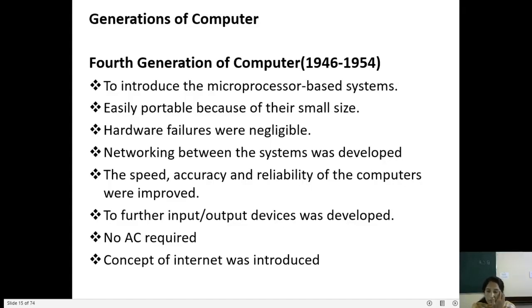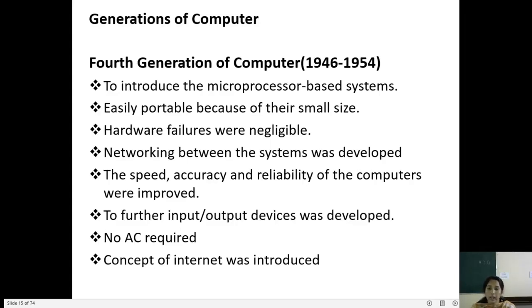That is one of the plus points in the fourth generation, and the speed, accuracy, and reliability of the computer have improved when you compare to the third generation, and the input output devices are so well developed. And for this generation of computer, AC is not required.